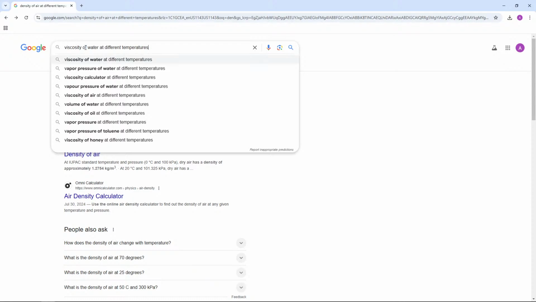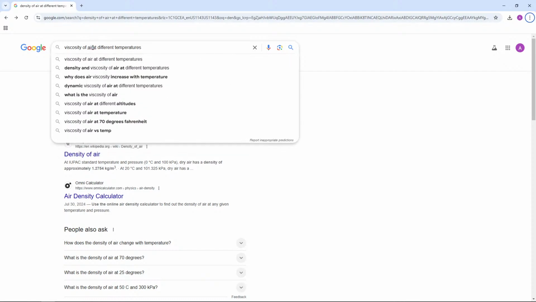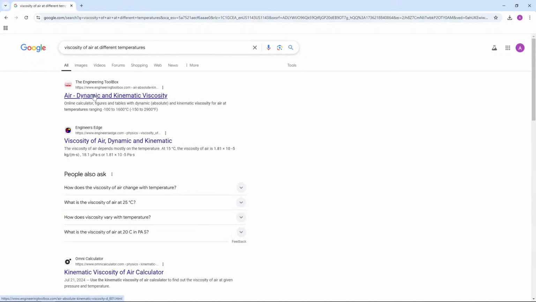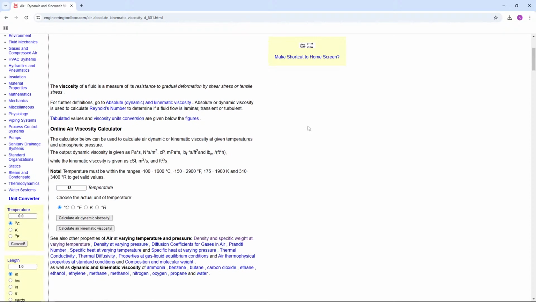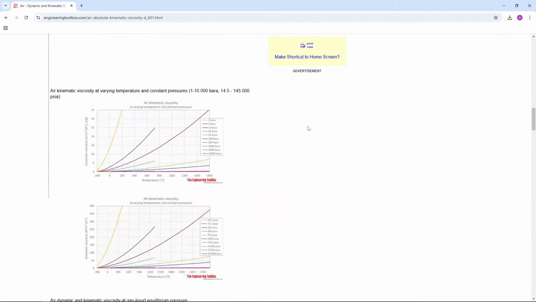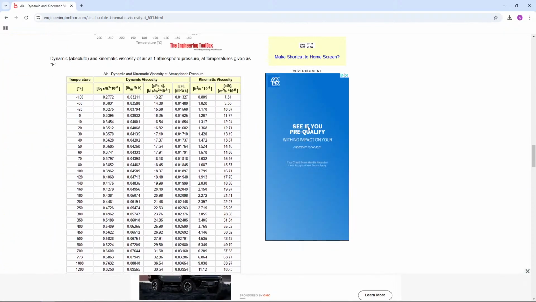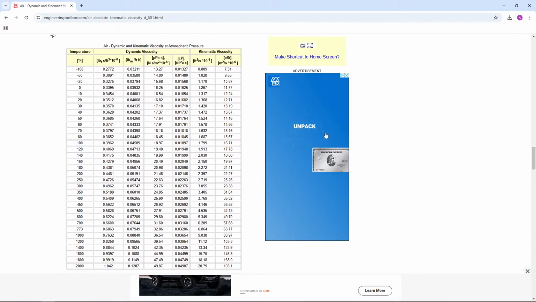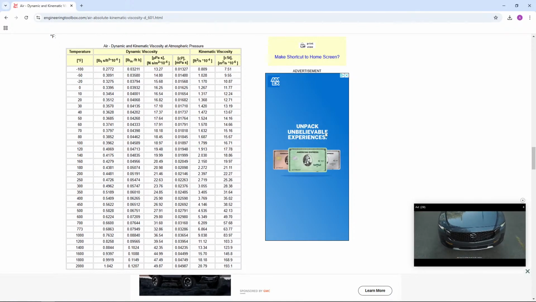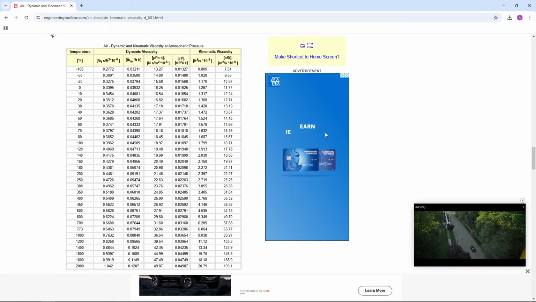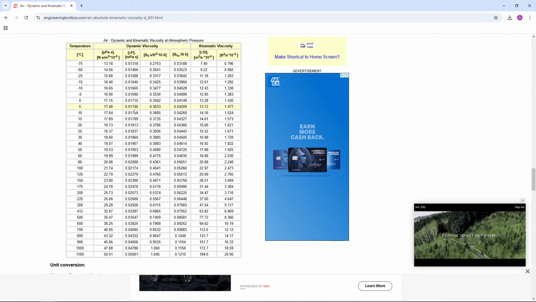This is viscosity of air at different temperature. So we got the viscosity, that's in Fahrenheit, and that's in Celsius.